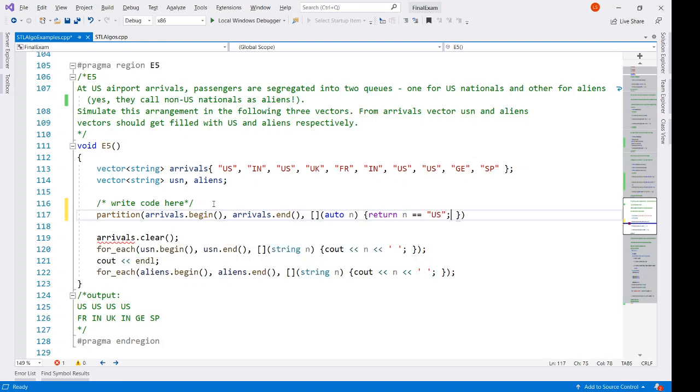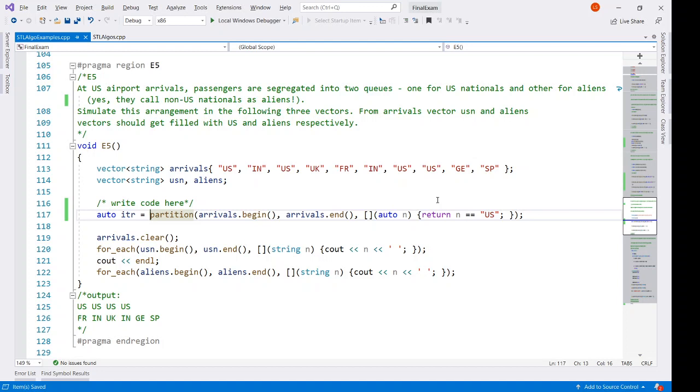So if our nationality is US, we return true over here, and that will be our partition. Okay, and let's also capture the partition point, because the partition algorithm returns the partition point. So from here, our non-US partition will start, the iterator.